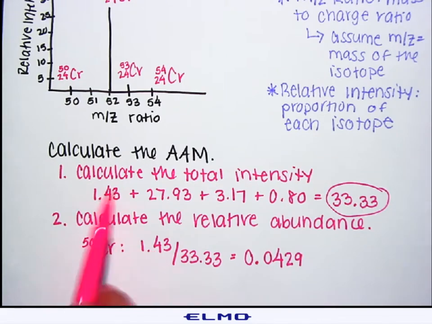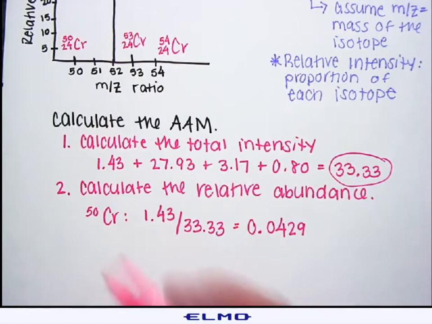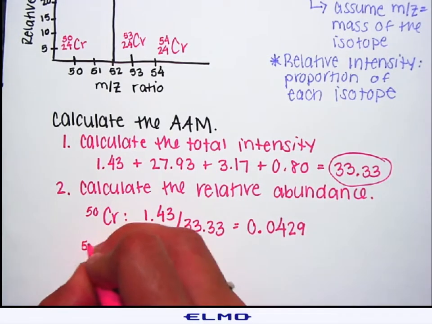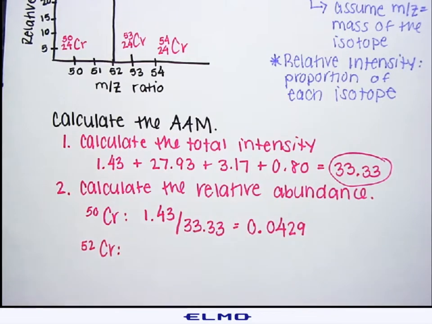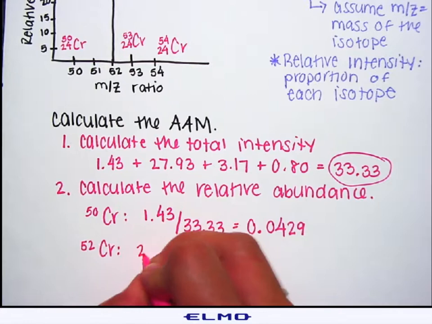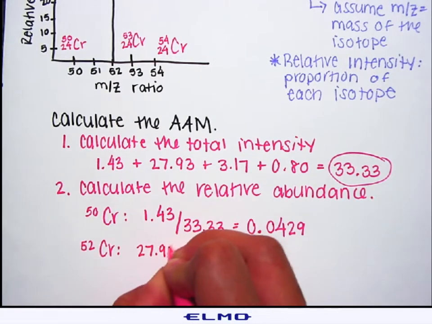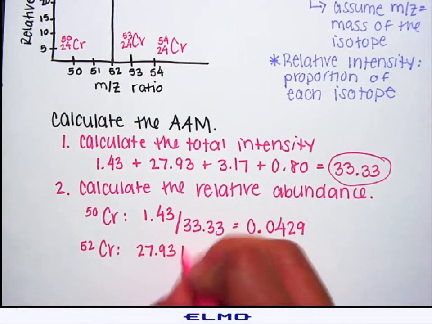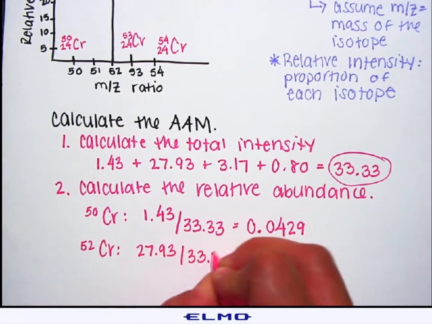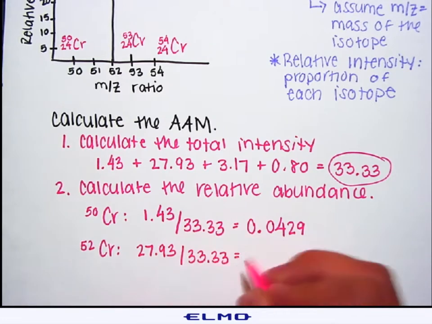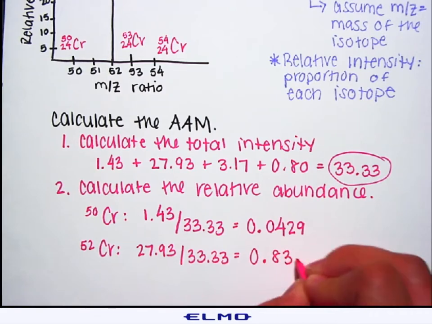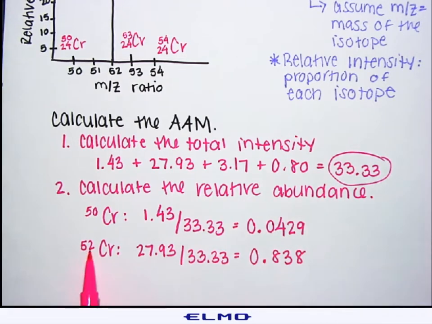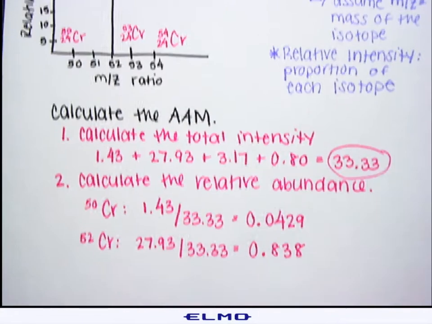All we're doing is part divided by the whole. Chromium 52 had an intensity of 27.93 out of our total intensity. Almost 84% of the sample has a mass of 52.